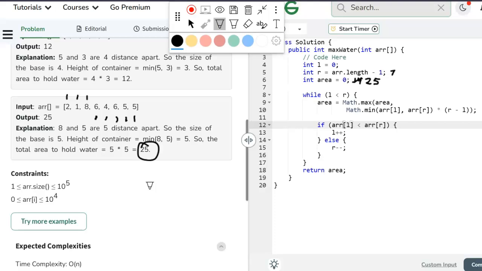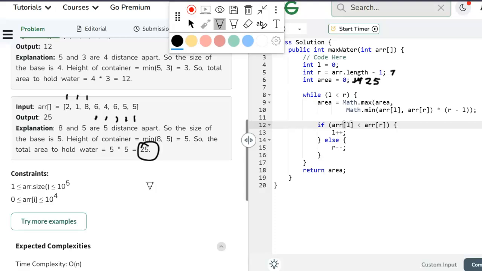What if the lines are equal? In that case, it doesn't matter. While left is less than right, if it's a tie, we have chosen to move the right pointer. But it'll work out the same.